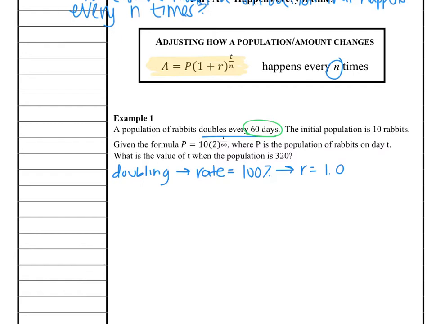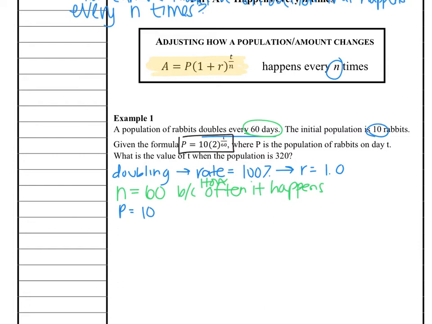So N equals 60 because that's how often it happens. The initial population is 10, so our principal here is 10. They actually wrote the formula for us.